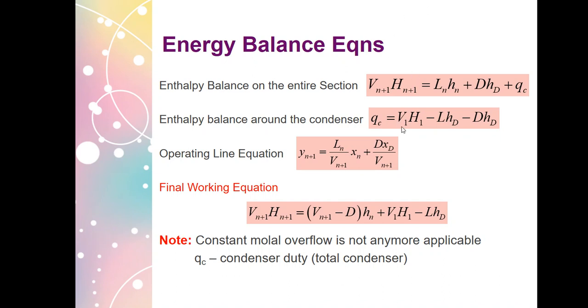Your V sub n plus 1 is the vapor that leaves the top plate of your column. Again, I was mixed up there.